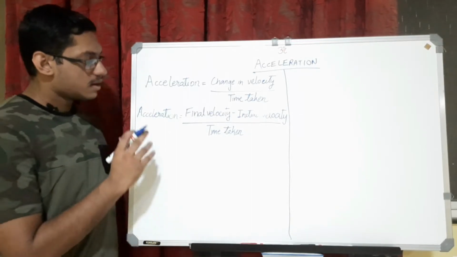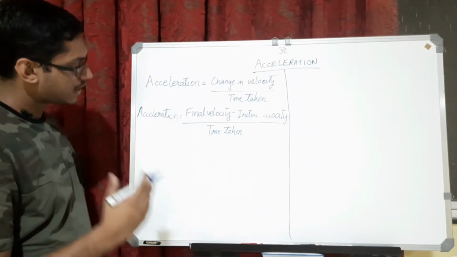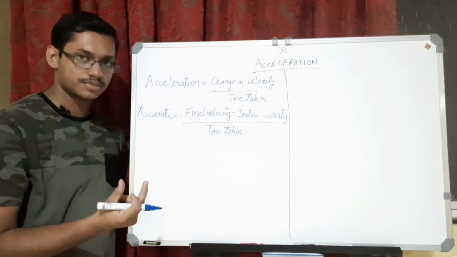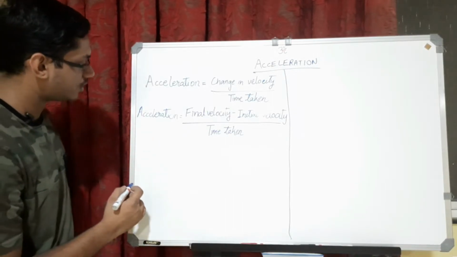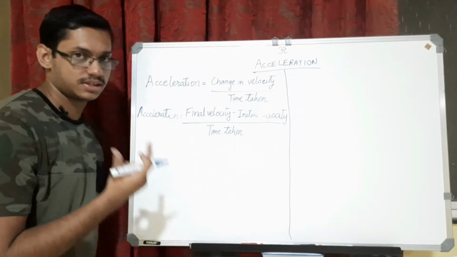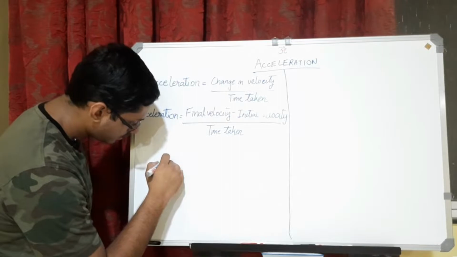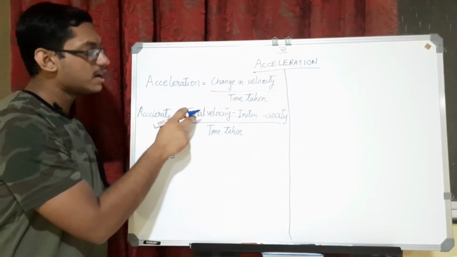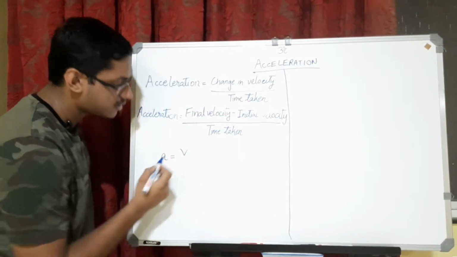Now whenever we write it in science, we do not write such big statements. We write it in shortened forms. Now let's see the short form, and this is the actual scientific way to write this formula. Acceleration becomes a equals to final velocity, which becomes v.